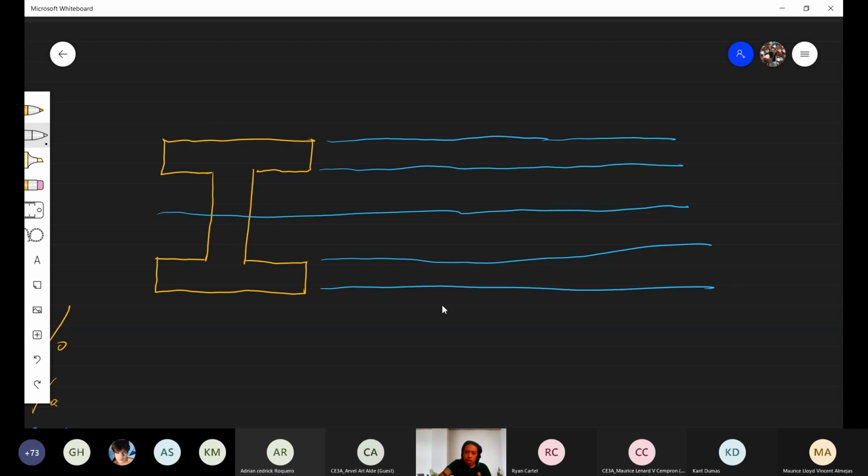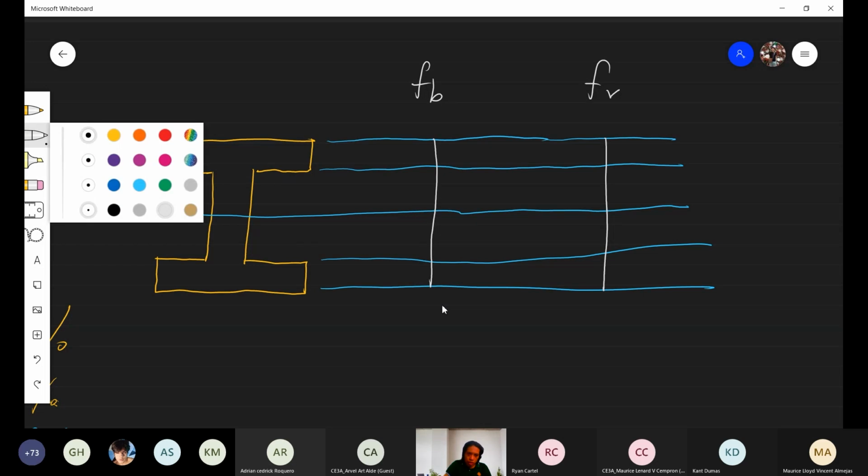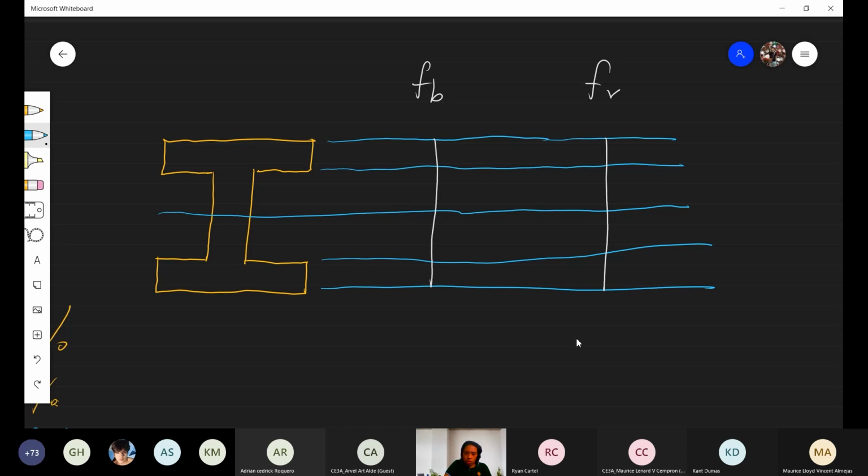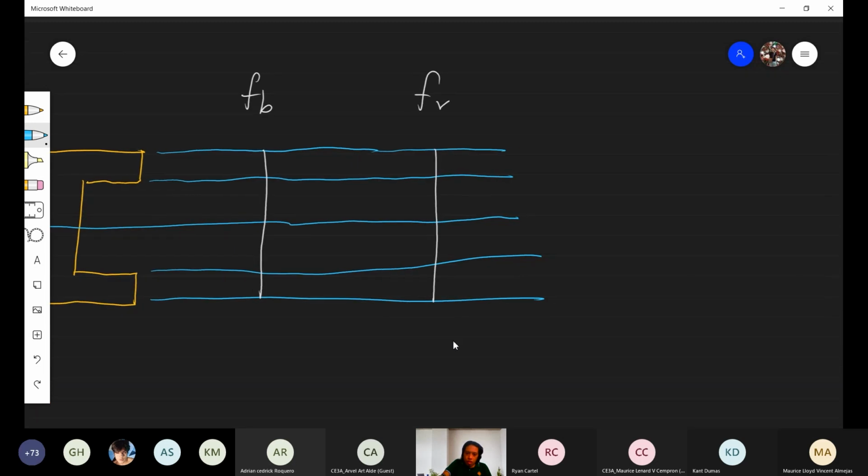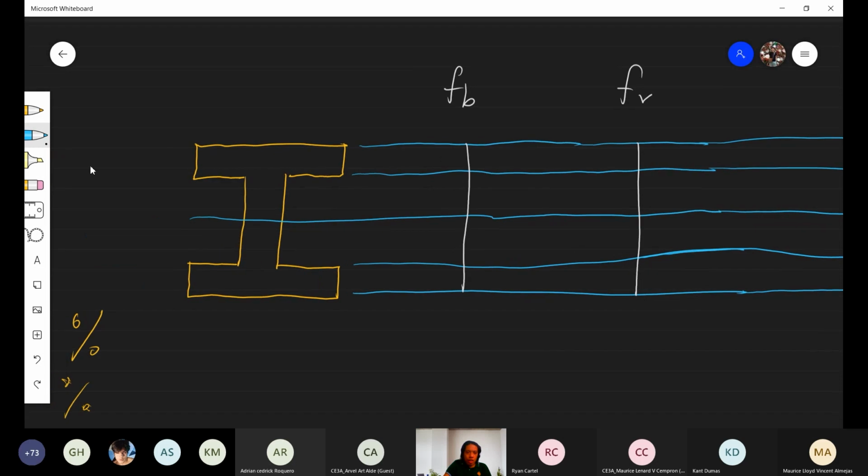This is the diagram I'm talking about. I'm running out of space, so let me extend it. Apologies, I'm not good at drawing.